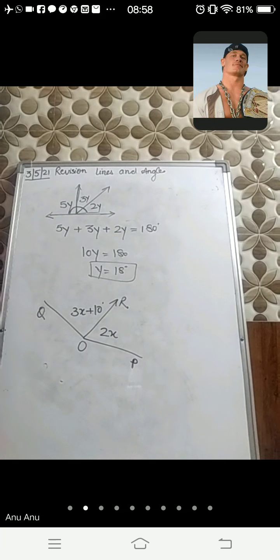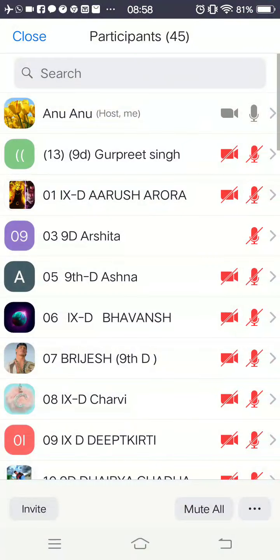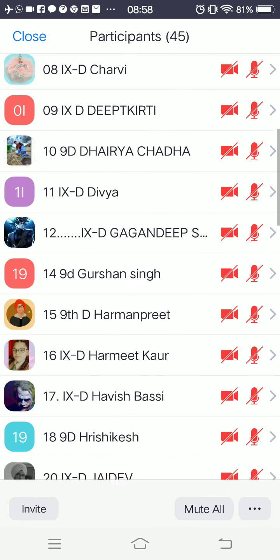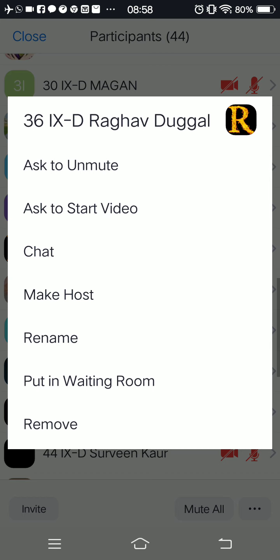Yes, can anyone give me the answer of this question? What is the value of x here? Raghav. Raghav Duggal, raise your hand.